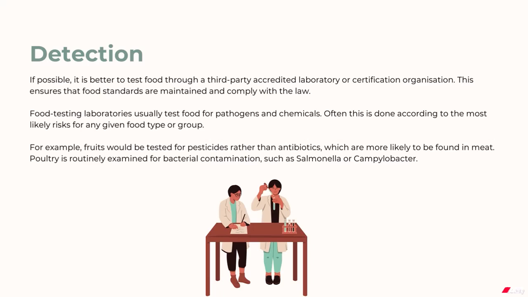Often this is done according to the most likely risks for any given food type or group. For example, fruits would be tested for pesticides rather than antibiotics, which are more likely to be found in meat. Poultry is routinely examined for bacterial contamination, such as Salmonella or Campylobacter.